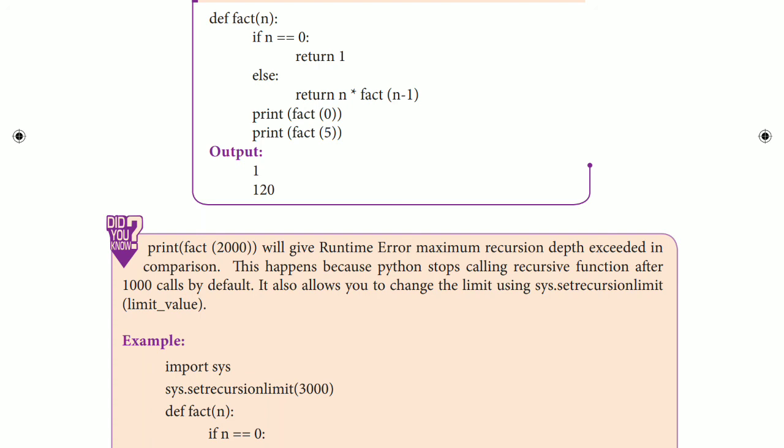It also allows you to change the limit by using sys.setrecursionlimit with the limit value. So by default, Python will only call the recursive function 1000 times. But if you want to change it to 3000, then you can do it by using this.